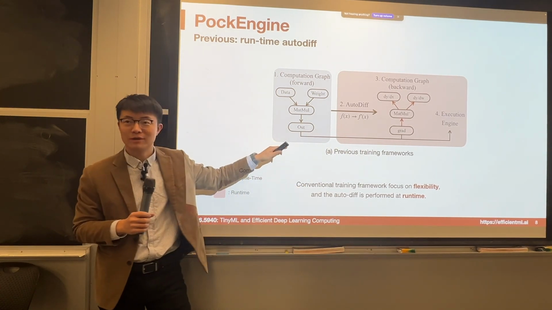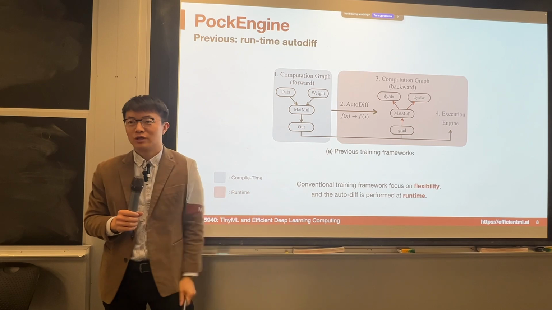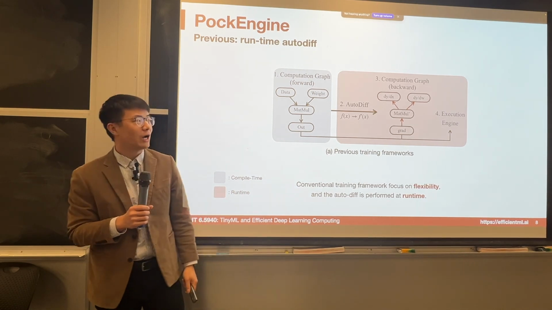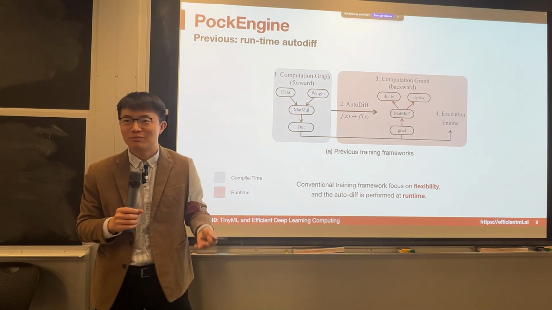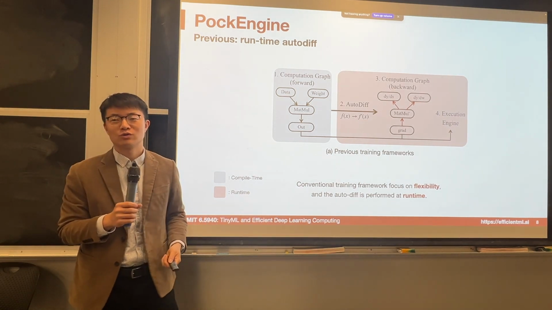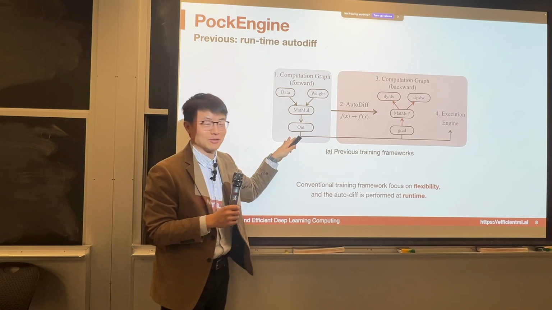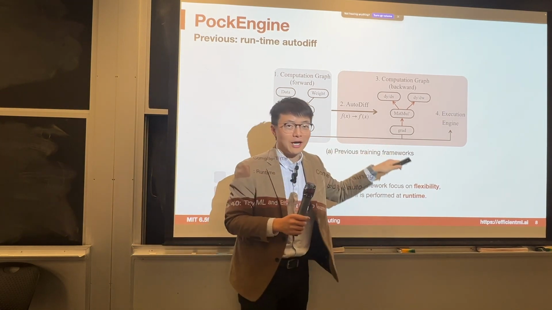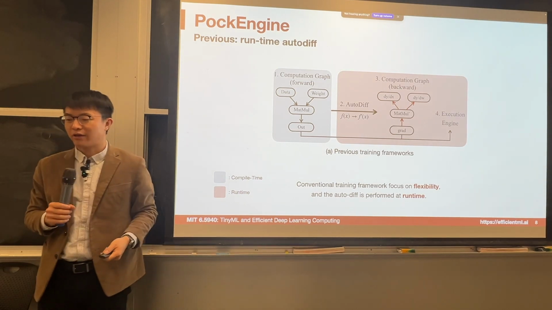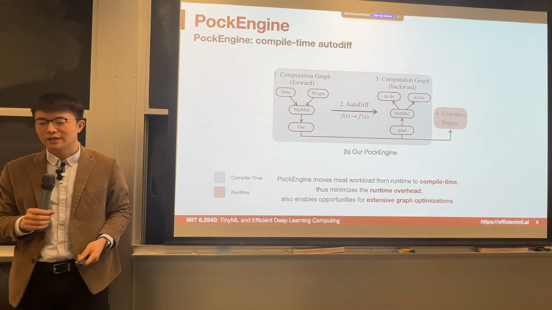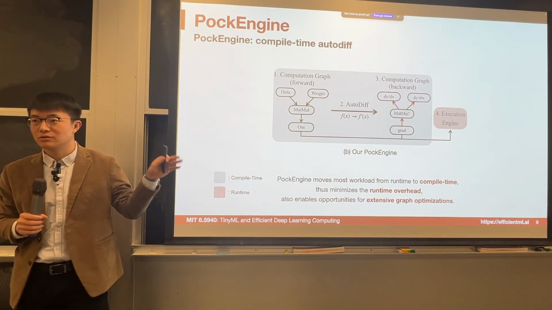At compile time, it's like you're going on a trip, going hiking. You want to carefully plan what places, what trails you are going to visit. So that's compile time. But at runtime, you're just going to execute a well-planned, well-optimized path. So what we do here is to push the runtime work into compile time.